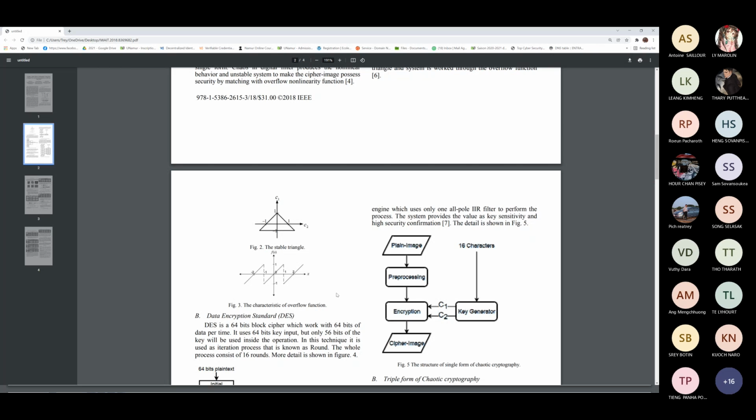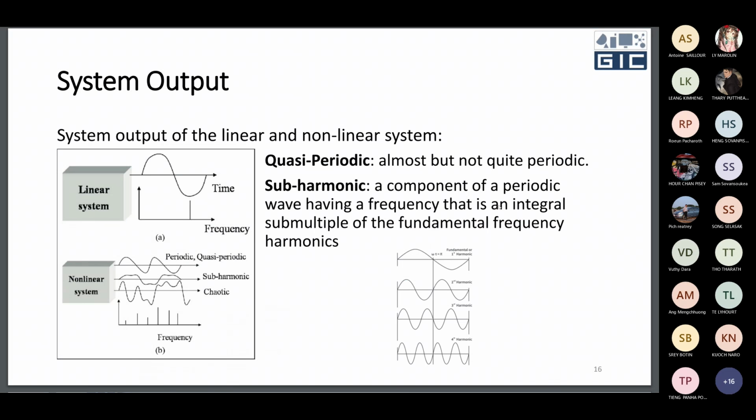So this is the benefit, or the use case, that you can use to solve problems. As you see, with non-linear behavior you can produce many different possible outputs, while with a linear system you get only a small part of a specific pattern of the signal. So this is the output of the non-linear or linear system.